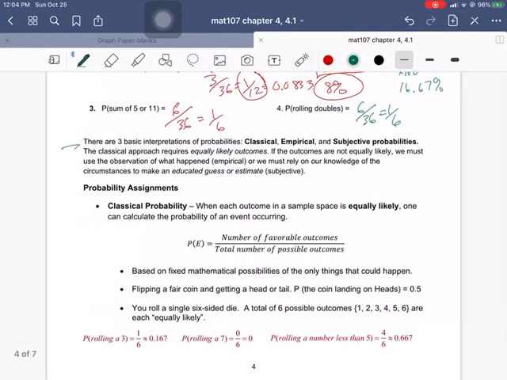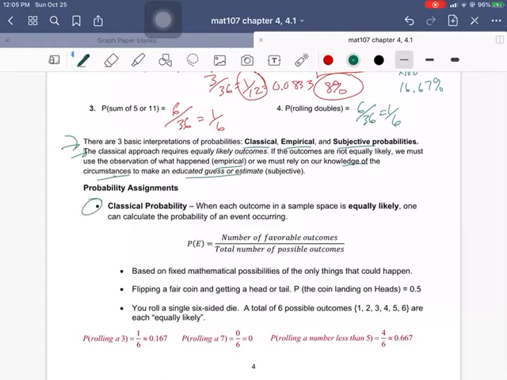Well, there are 3 basic interpretations of probabilities: classical, empirical, and subjective. The classical approach requires equally likely outcomes. If the outcomes are not equally likely, we must use observation of what happened and we must rely on our knowledge of the circumstances to make an educated guess.